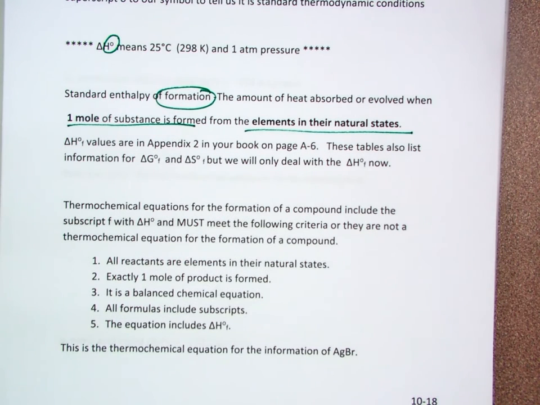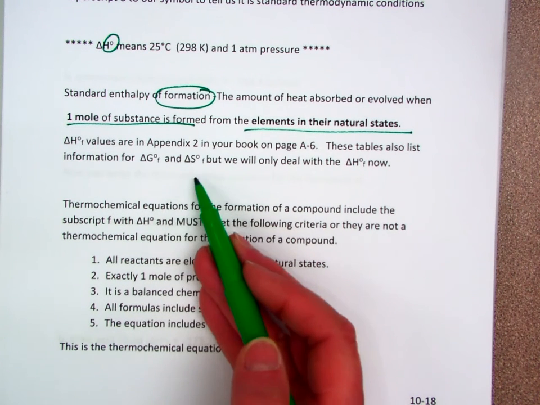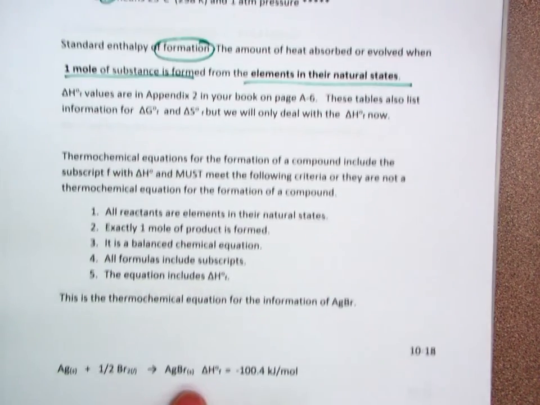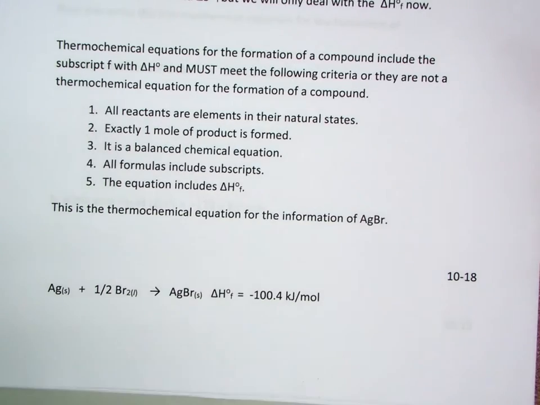So we can look these values up in your textbook in Appendix 2. It's on page A6. And there's also information on free energy and entropy, but you can just ignore that for now.